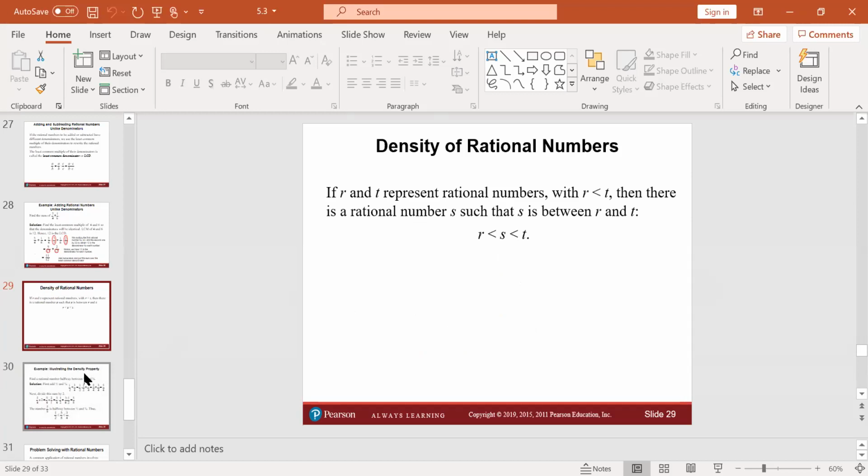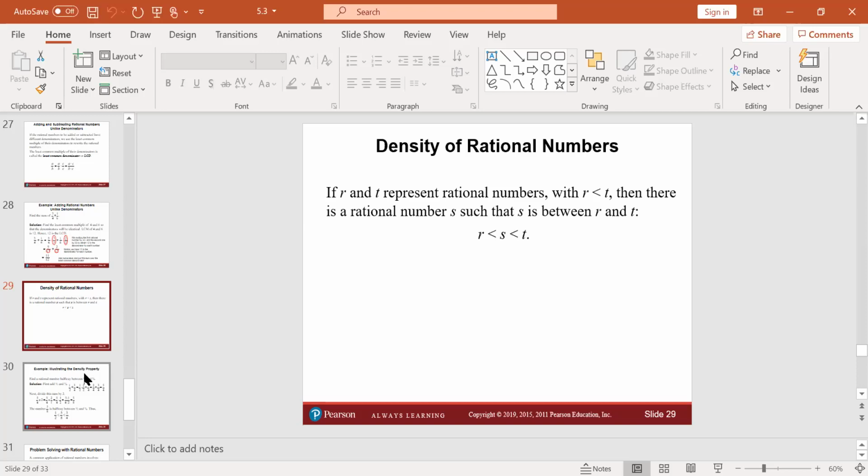Okay, so we can talk about something. We won't touch too horribly much on this. We have a property of rational numbers called density. In fact, there's also the density property of real numbers, which is more famous.